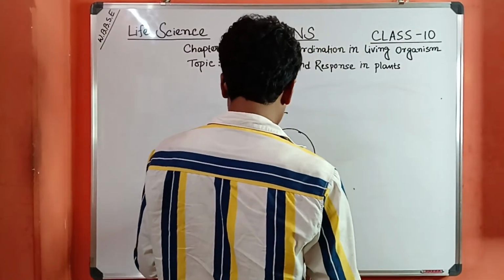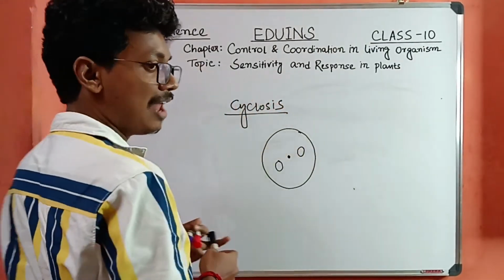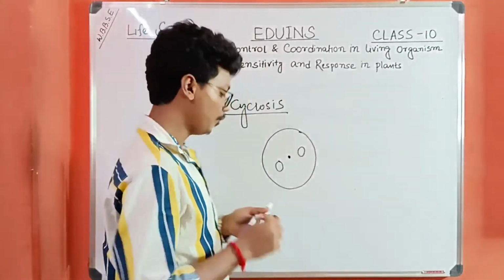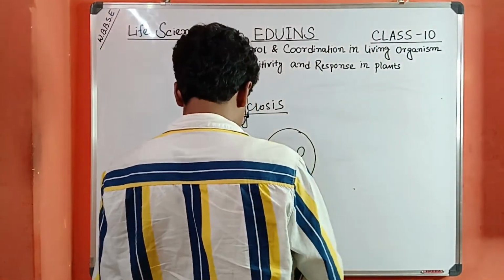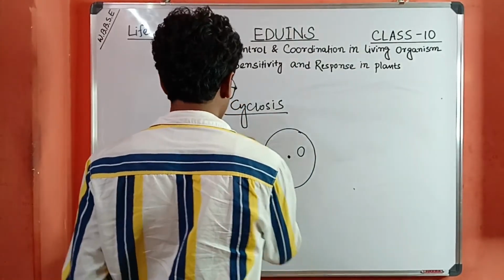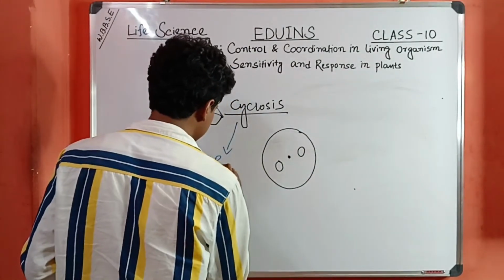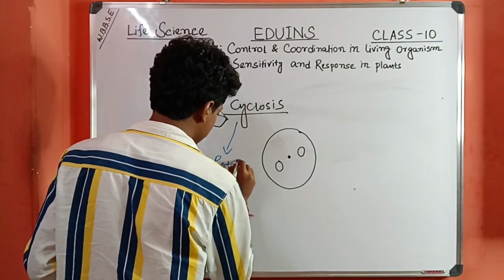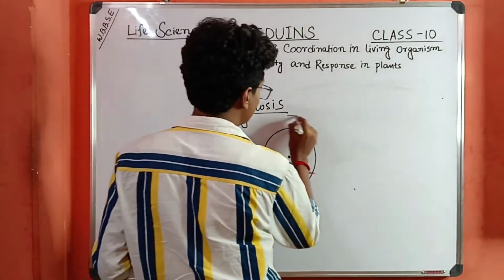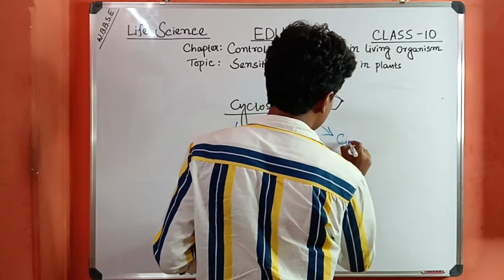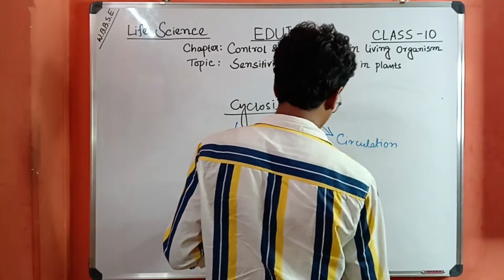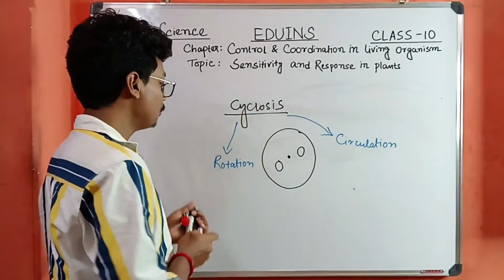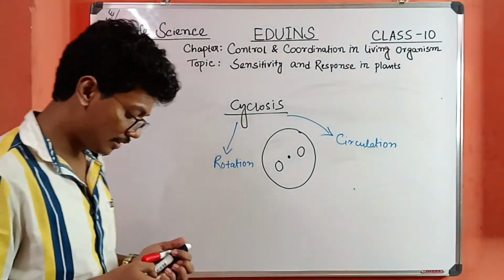Cyclosis is mainly of two types. One is rotation and another one is circulation. So what is rotation and what is circulation?